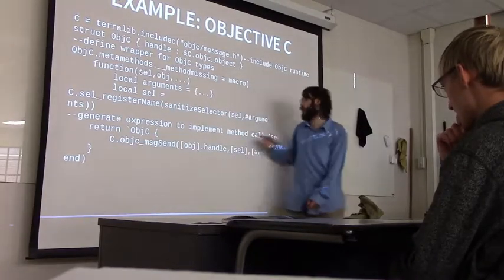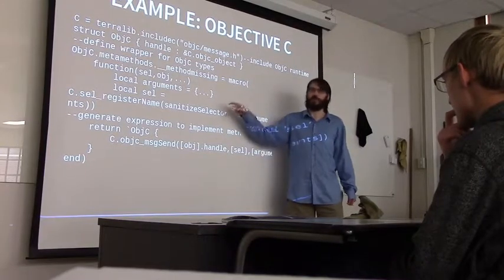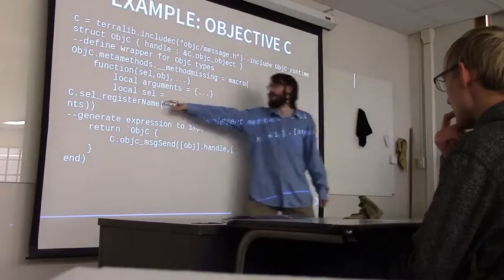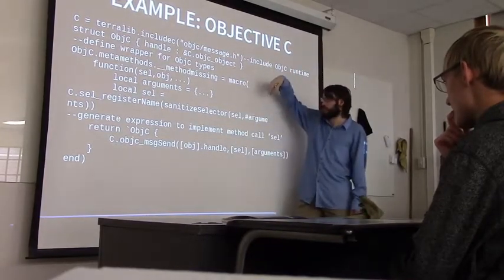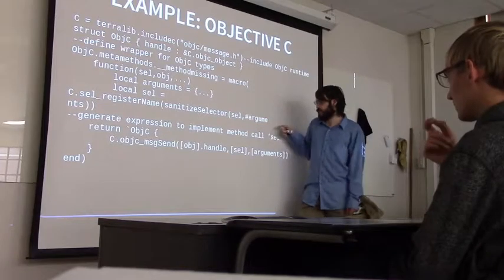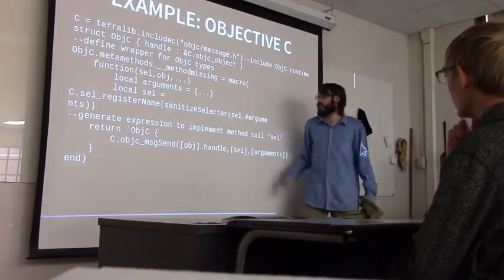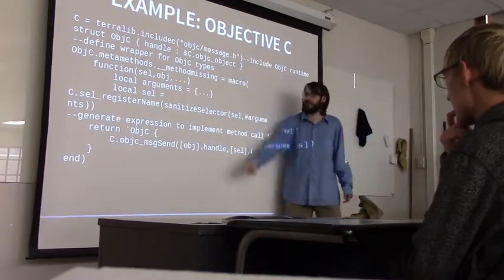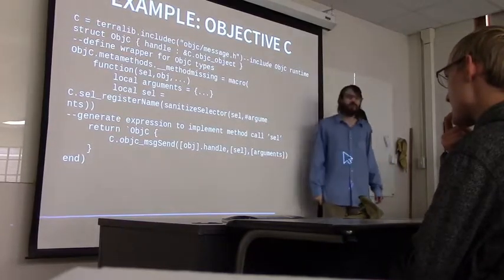It will figure out the proper selector, the proper dynamic vtable address for that given method name and parameter numbers, and then it will create an expression that will call Objective-C message send to invoke that object with its Objective-C handle on that vtable entry with the appropriate arguments.